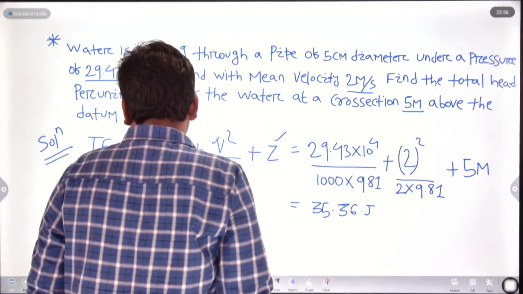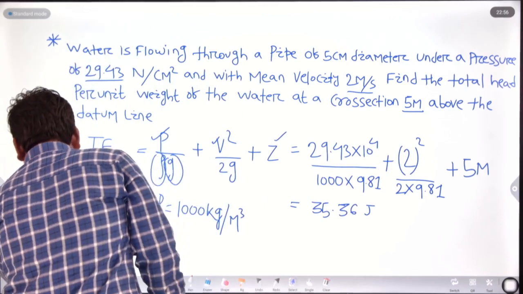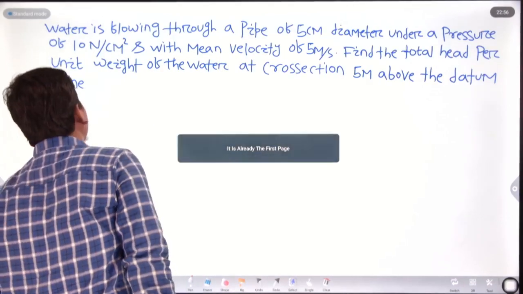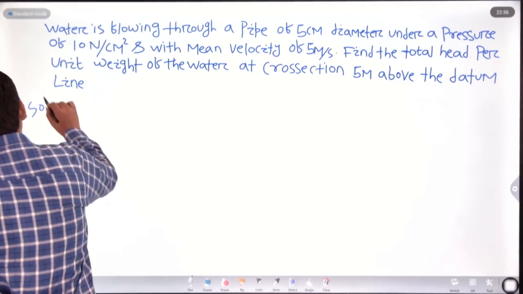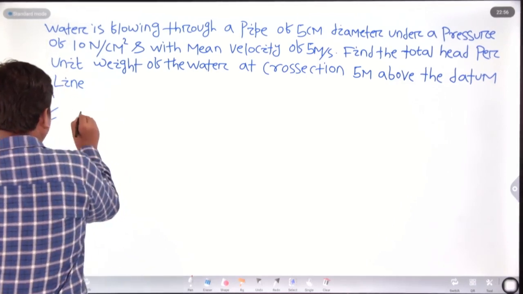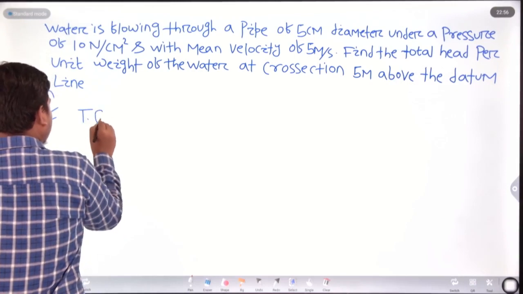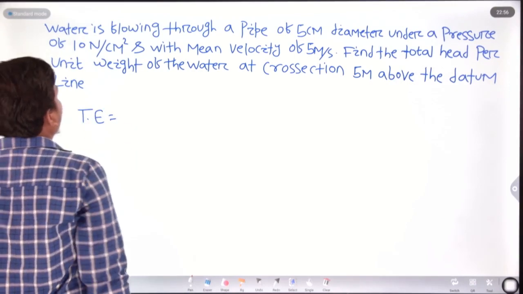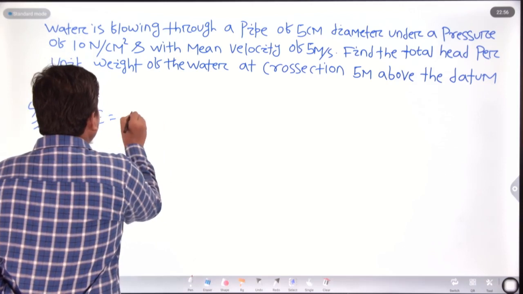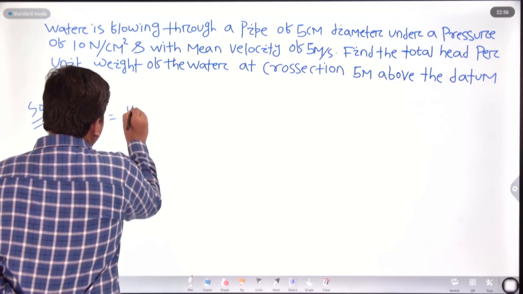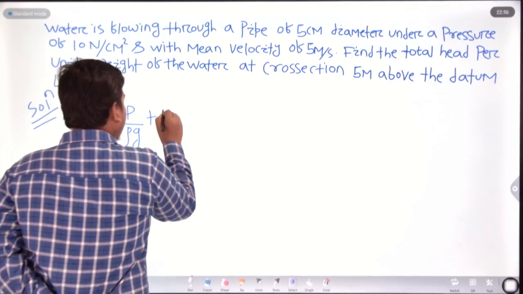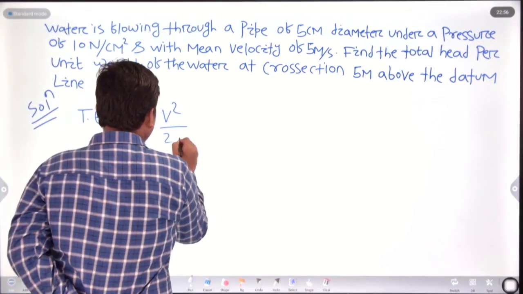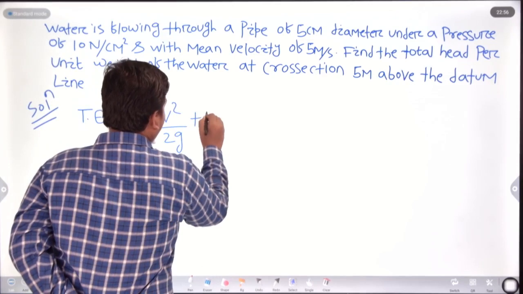Then comes another problem. Data given here. Solution: total energy is equal to the sum of pressure energy, kinetic energy and potential energy.